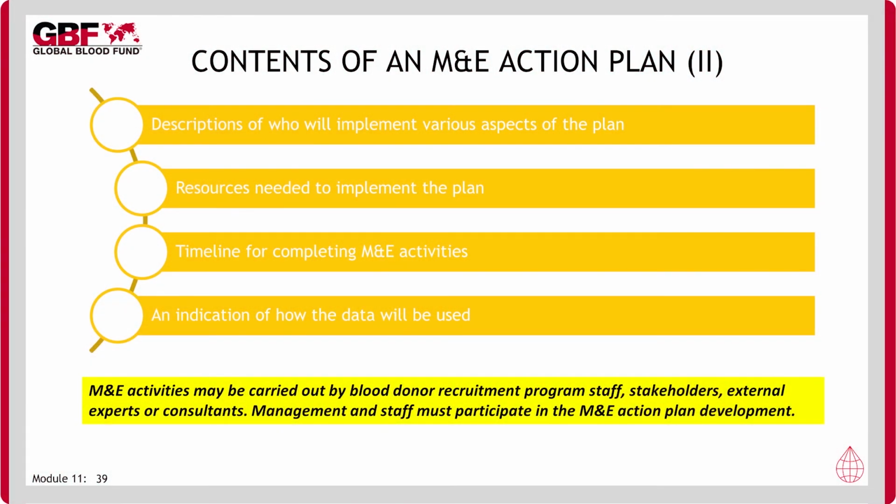There is need to also have descriptions of who will implement various aspects of the plan, resources needed to implement the plan, timeline for completing M&E activities, and an indication of how the data will be used. Note that M&E activities may be carried out by blood donor recruitment program staff, other stakeholders, external experts, or consultants.